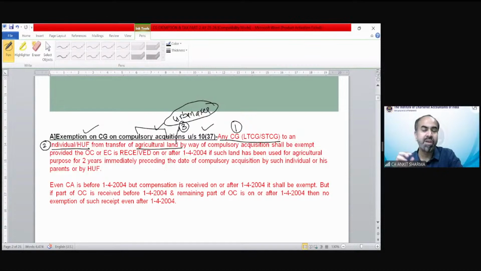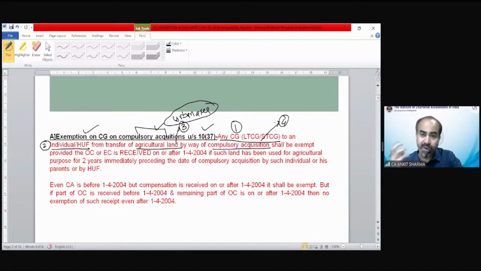So the first point was whether it's long term or short term, exemption would be there. Individual or HUF only. And there should be agricultural land in an urban area. The fourth important point is the transfer should be by compulsory acquisition. Suppose I am having an agricultural land in an urban area. I am an individual.